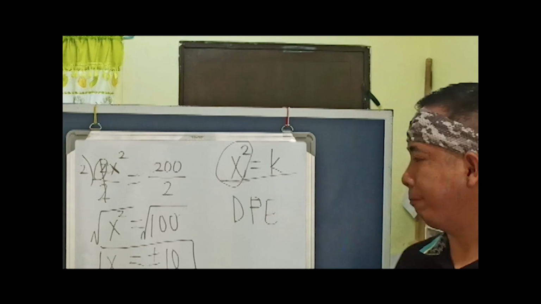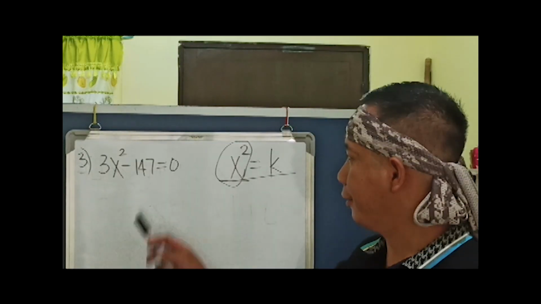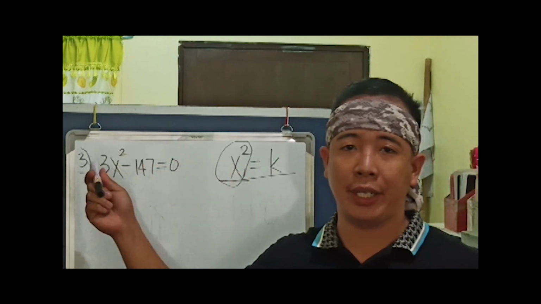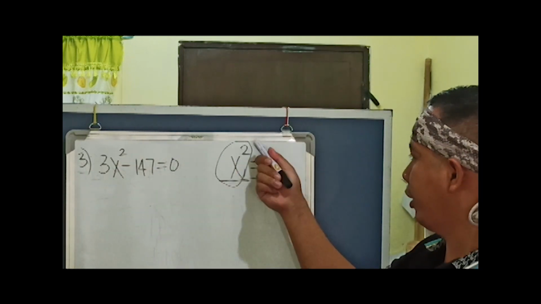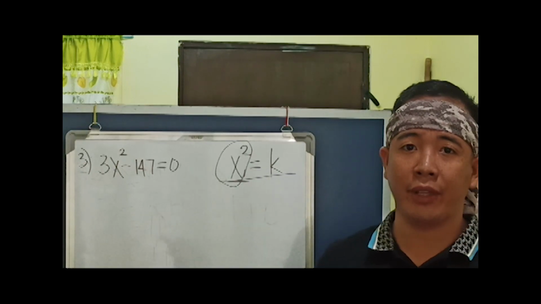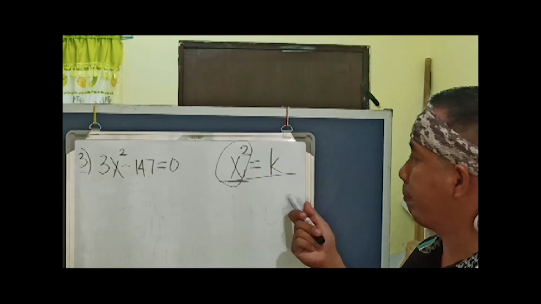Okay, that's it. Let's proceed to our third example. 3x squared minus 147 is equal to 0. Now, it's very clear it does not follow the form x squared is equal to k. But we can do something to produce this form.